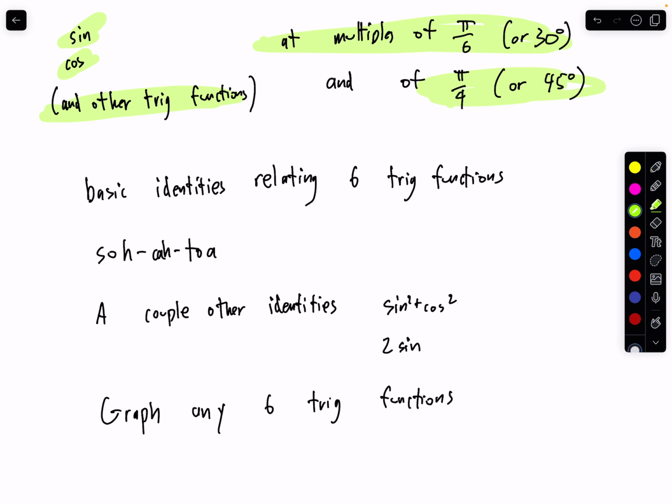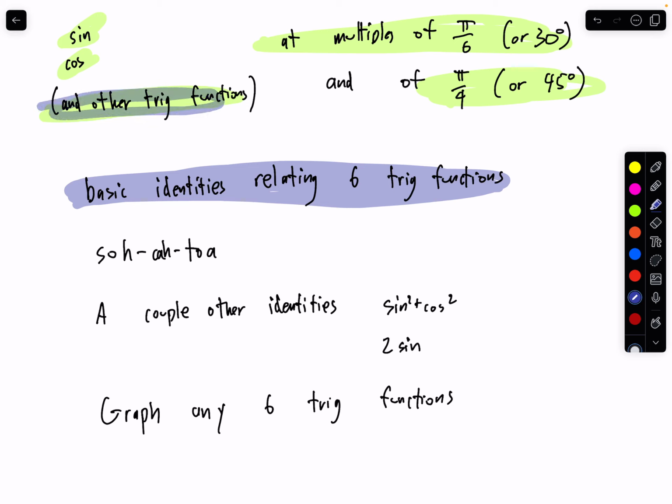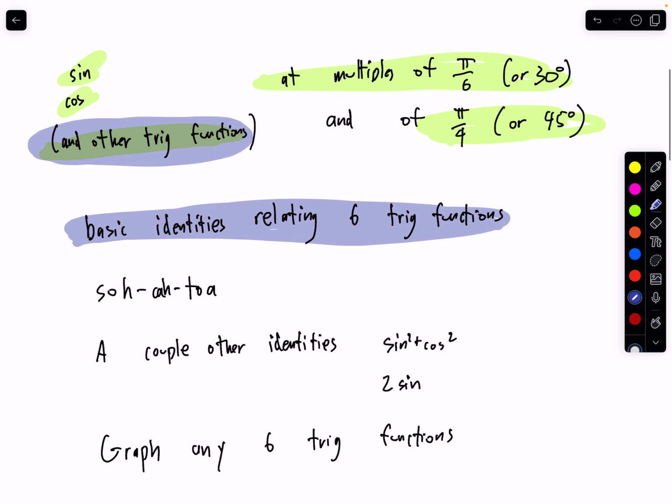Coming back to our original plan, if we have the basic trig identities relating the 6 trig functions, with those identities I can also calculate all the other trig functions for those same values. Pi over 6s, pi over 4s, which by taking multiples of pi over 4, you also get the pi over 2s and pi's as well. So if you ever see the picture of the unit circle, it has all those values, right? And that's all it comes from.